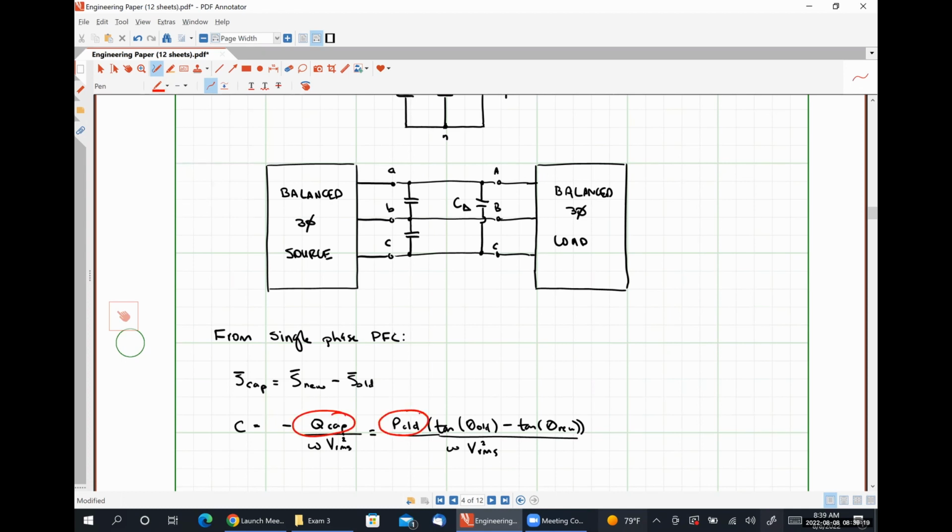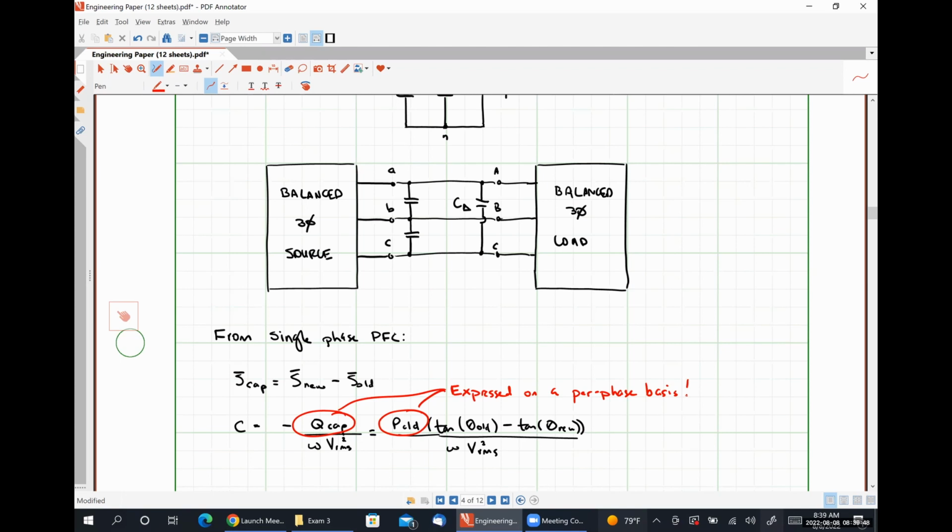on a per phase basis. So what I mean by that particularly is that we cannot use a single capacitor to do power factor correction across all three phases.